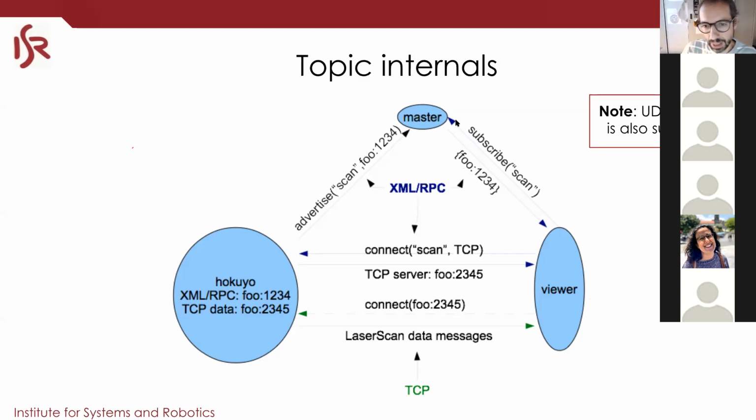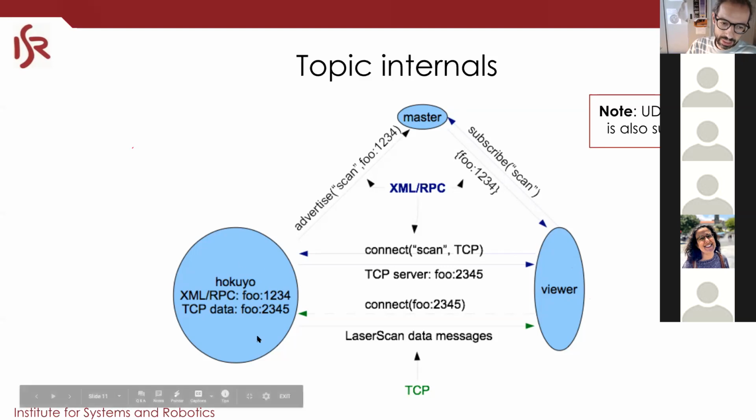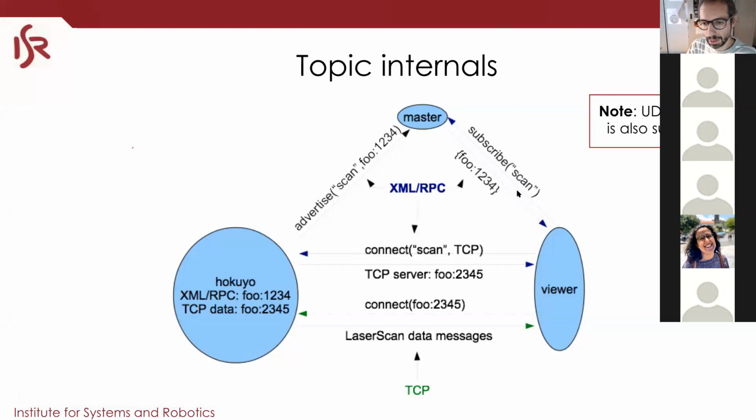If this happens after the driver launch, then it will answer immediately with, please contact foo at 1234. If the viewer is launched first, it will answer an empty list, but whenever the publisher appears, it will send a message telling that, oh, now I have these publishers.